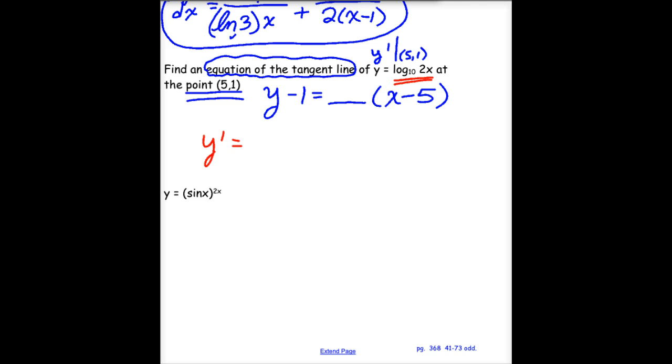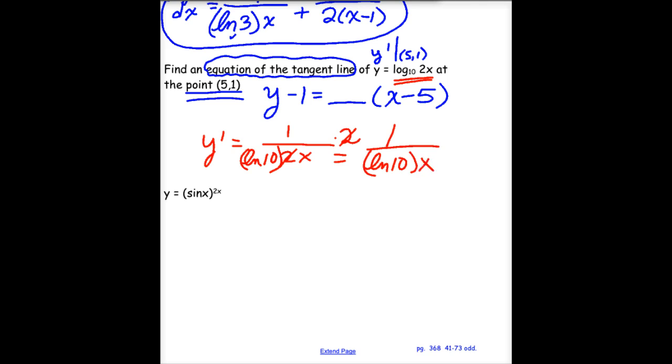Well, if it was ln, it'd be 1 over 2x times the derivative, or du dx, but it's not. It's base 10, so I throw an ln 10 on here. Or, if I can't remember that, I go look, and then these cancel. It's actually 1 over (ln 10) times x.